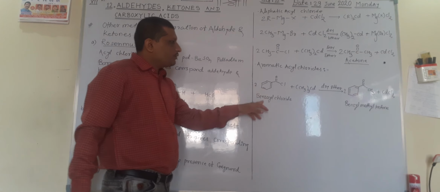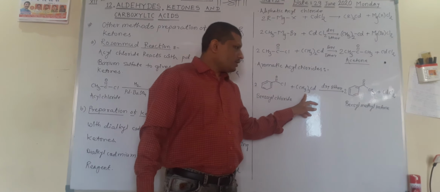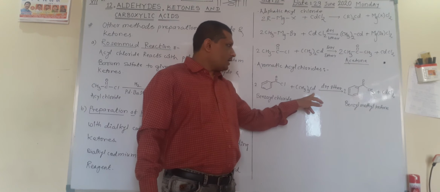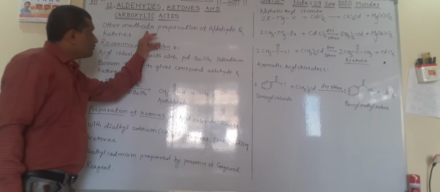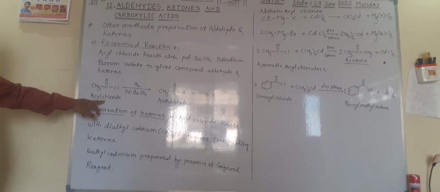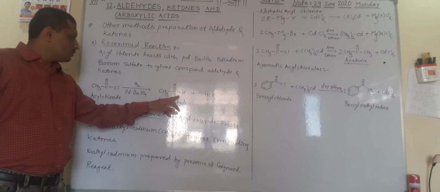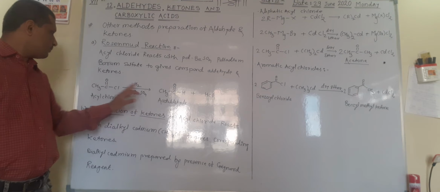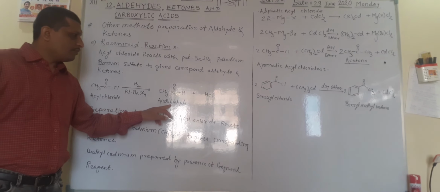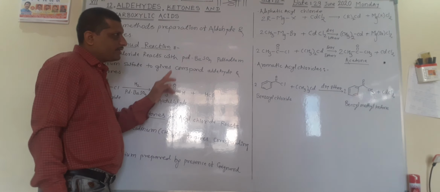Now here we can utilize benzyl chloride or acyl chloride. In the Rosenmund reaction also, you can utilize aromatic acyl chloride to give aromatic products like benzaldehyde.